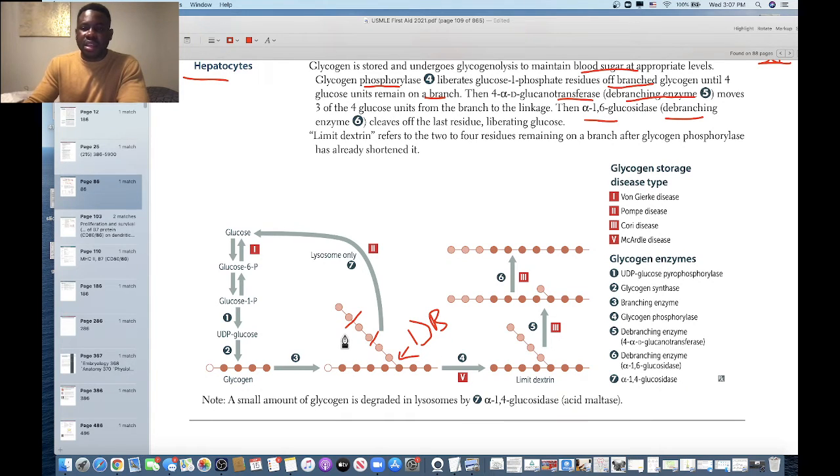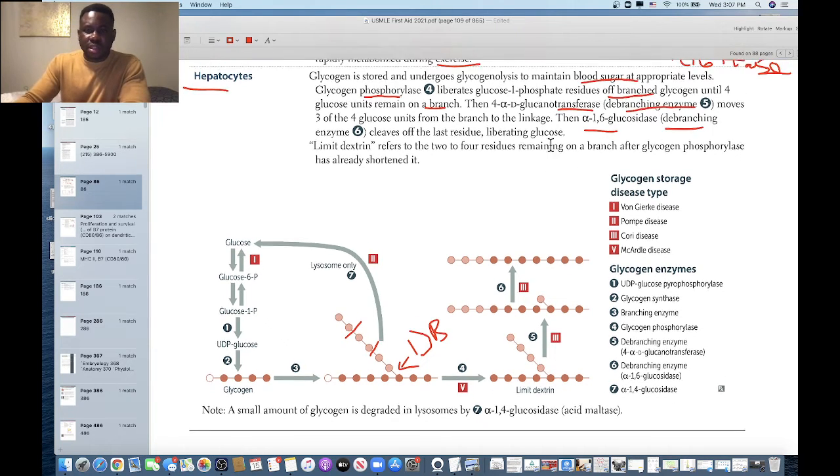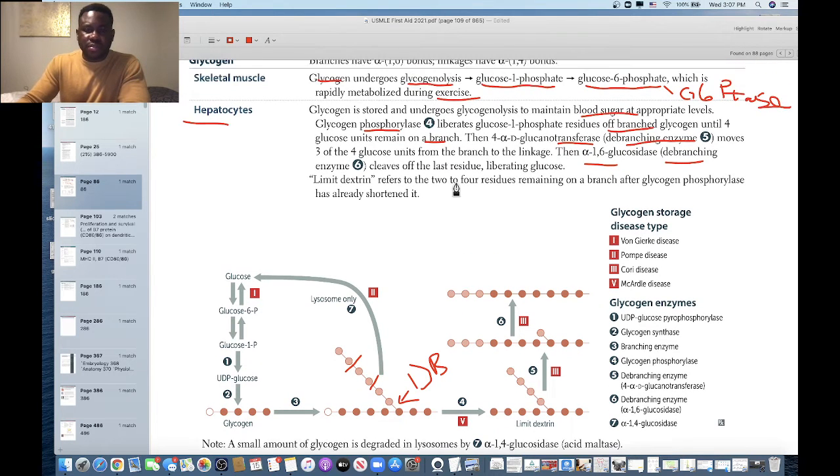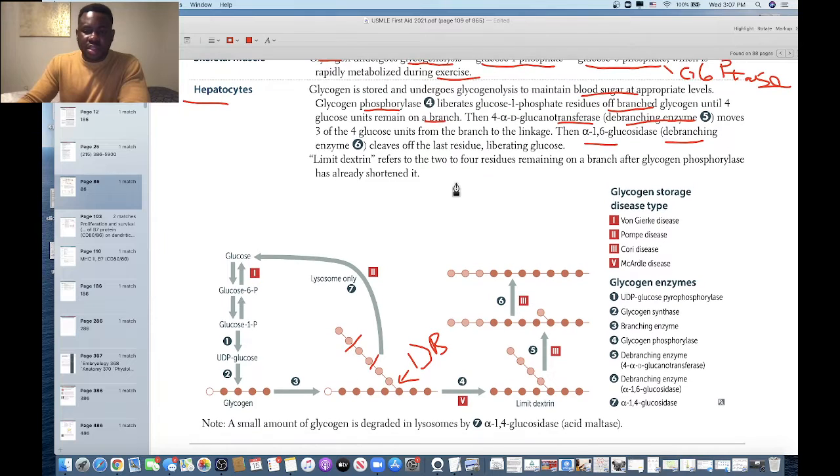But here they wrote debranching here, and then they also wrote debranching here, so that makes the thing a little bit confusing. But I want you to know that over here it is the 1,4-glucosidase, because it's a 1,4 bond, right? We said so.